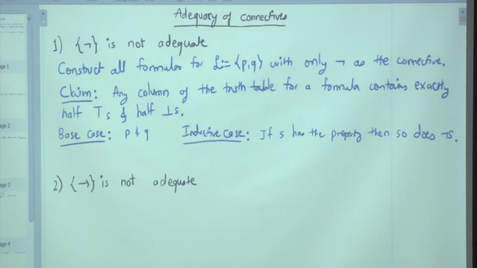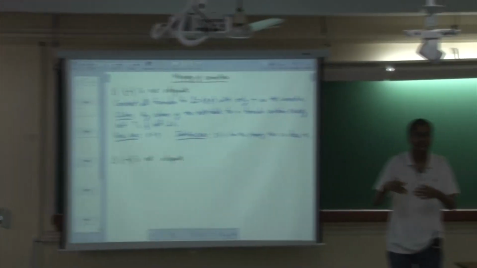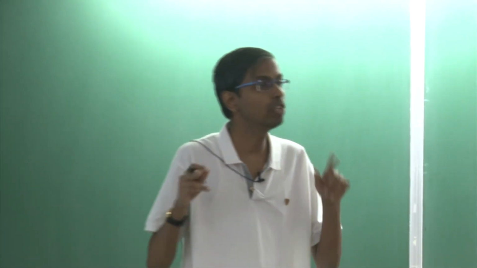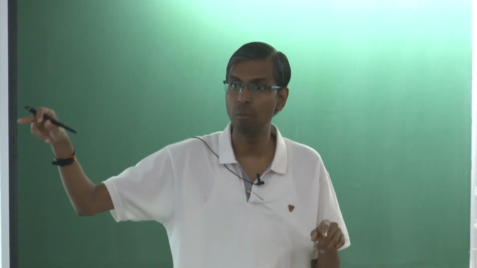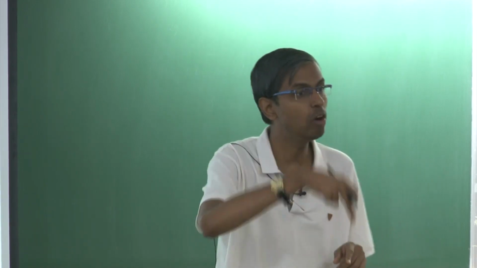P implies P, then P implies P implies P, and so on and so forth. Whenever you consider any row which has the value of P listed as true, then what will be the value of the corresponding entry in the column?